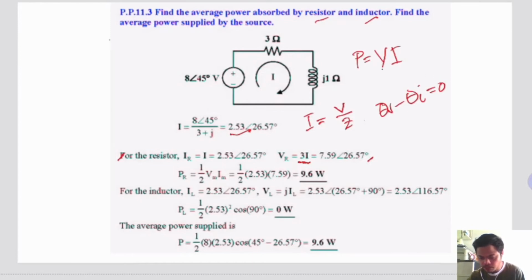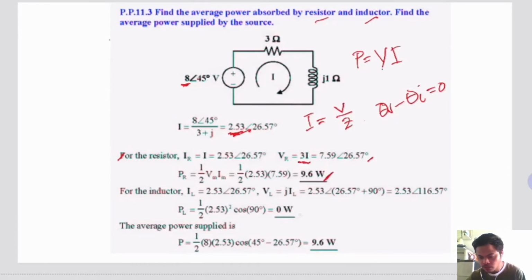So we have 1/2 of the voltage maximum and the current maximum, which is 2.53. So we have the average power of the resistor, 9.6 watts.